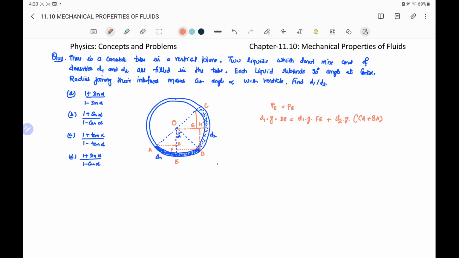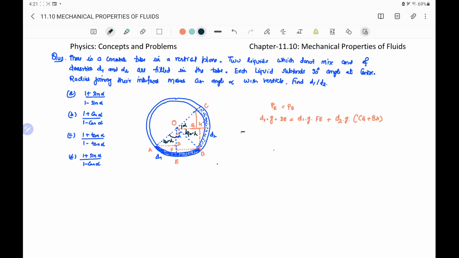Now we have to calculate these values of DE, FE, CG and BH from trigonometry, and we can say that the angle AOD is 90 minus alpha. Similarly, this angle GOB is 90 minus alpha, and COG is angle alpha.